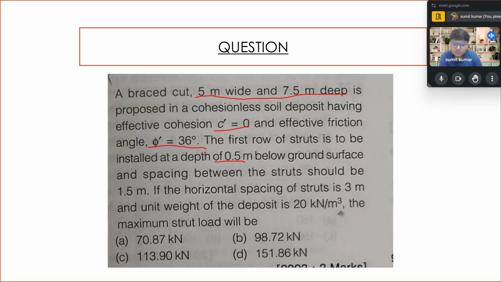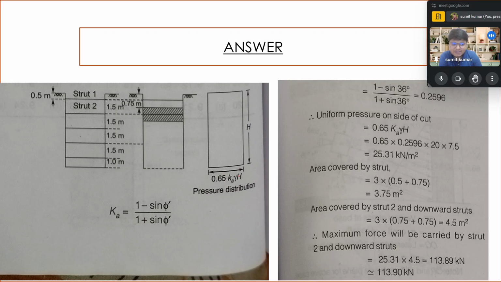And the spacing between the struts is 1.5 meter. The horizontal spacing is 3 meter, and gamma is 20 kilonewton per meter cube. So we know 0.65 K gamma H is the uniform pressure on a braced cut.